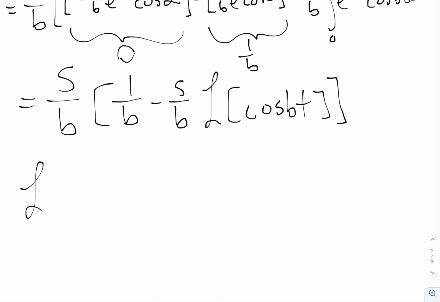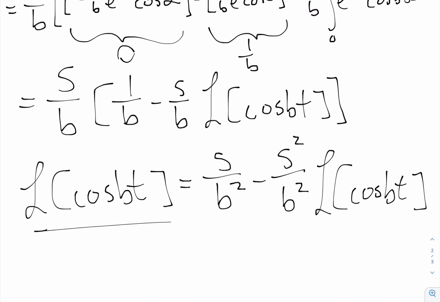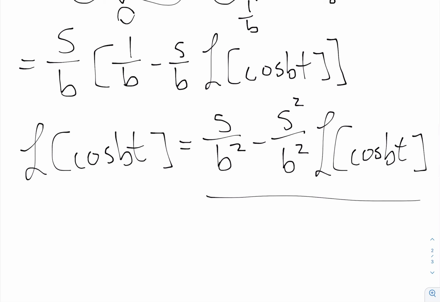So the Laplace transform of cosine bt, if we simplify this, we'd get s over b squared minus s squared over b squared, and then that would be times the Laplace transform of cosine bt, because we started with the Laplace transform of cosine bt, we did it recursively twice, and this is what we ended up with, but we still have a cosine bt term here.